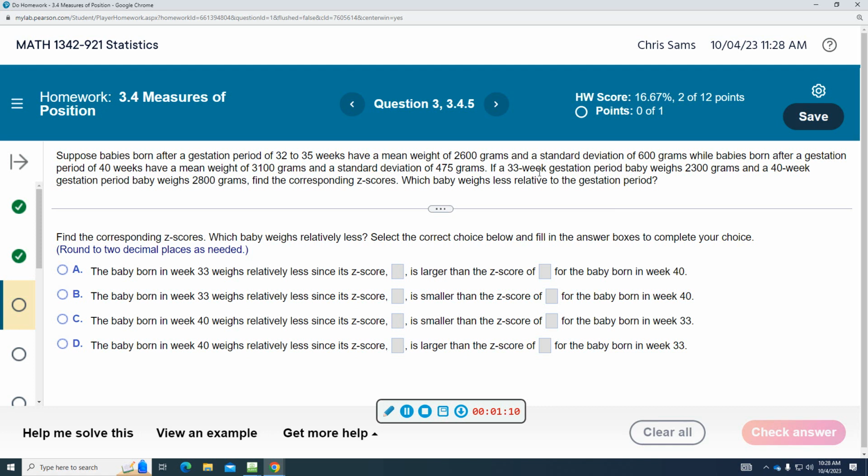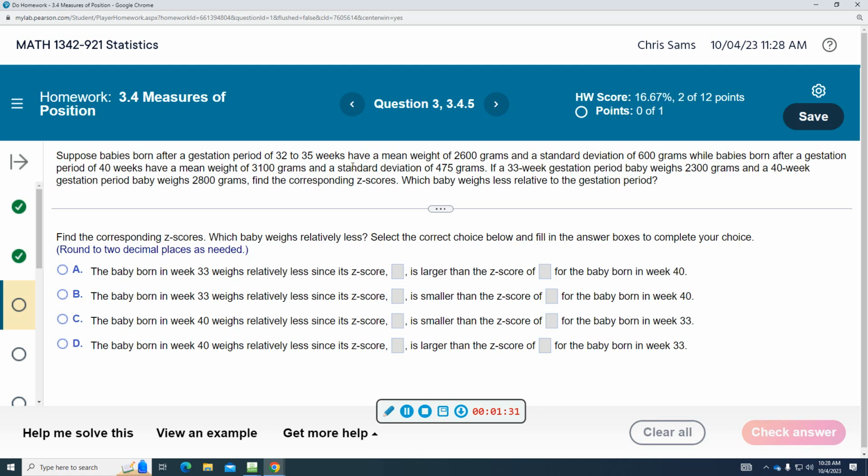If a 33-week gestation period baby weighs 2,300 grams and a 40-week gestation baby weighs 2,800 grams, we're going to find the corresponding z-scores. We want to know which baby weighs less relative to the gestation period.